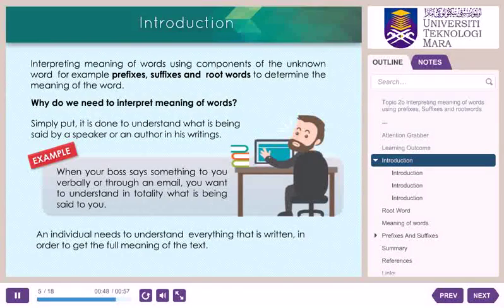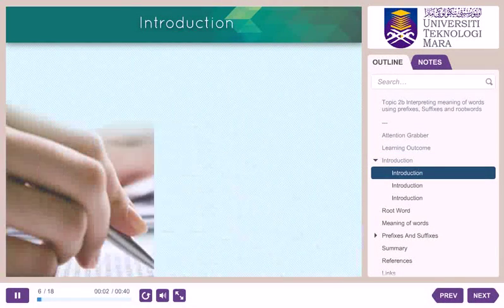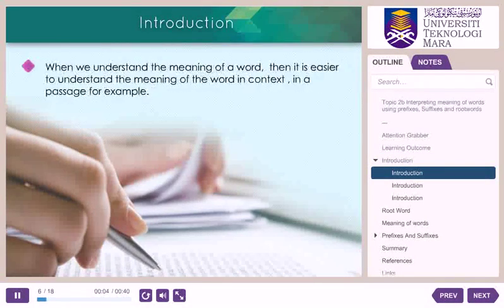An individual needs to understand everything that is written in order to get the full meaning of the text. When we understand the meaning of a word, then it is easier to understand the meaning of the word in context, for example, in a passage.